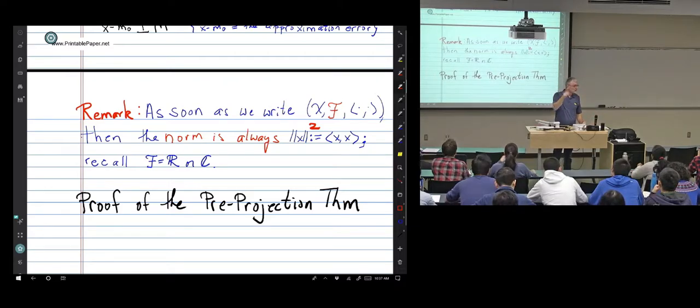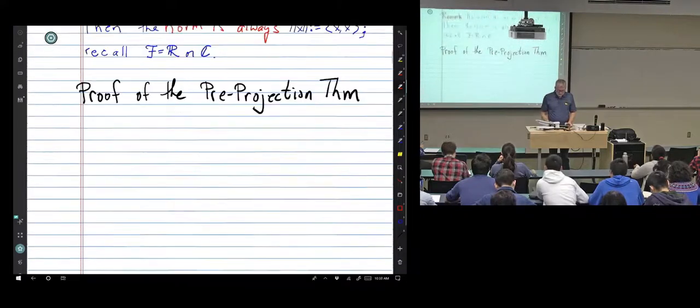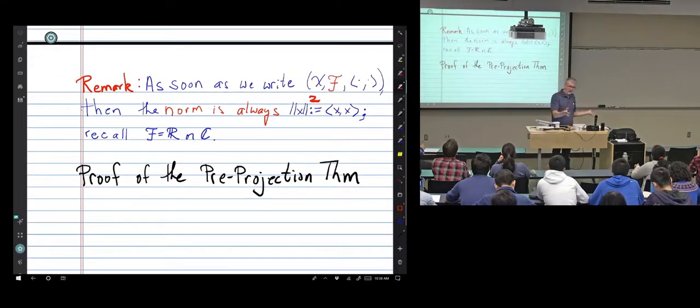So if there's a norm written and we're doing an inner product space, it's the one that comes from the inner product. I know it seems like a very obvious thing, but I wouldn't emphasize it if I hadn't had a lot of questions about that in the past. So, heading that one off. Cool. Then let's get going.